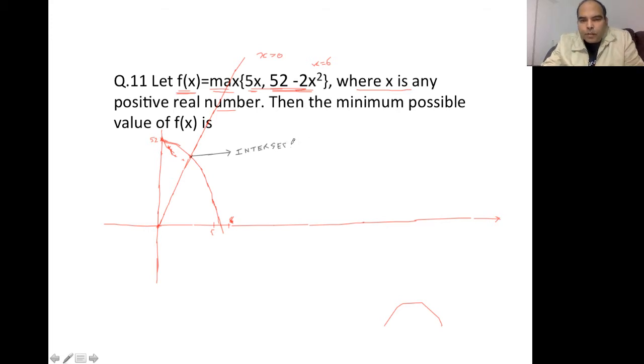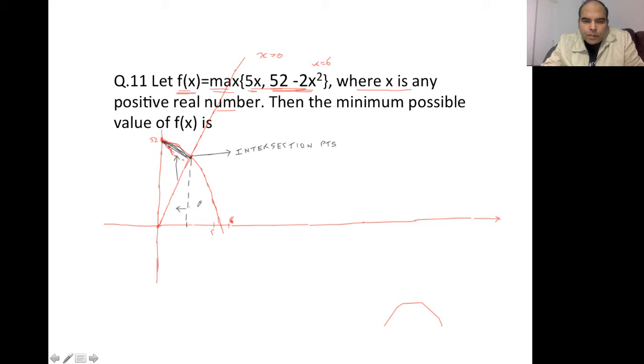To the left of the intersection point, f(x) will stick on the quadratic graph, because between these two graphs, the quadratic graph is higher.